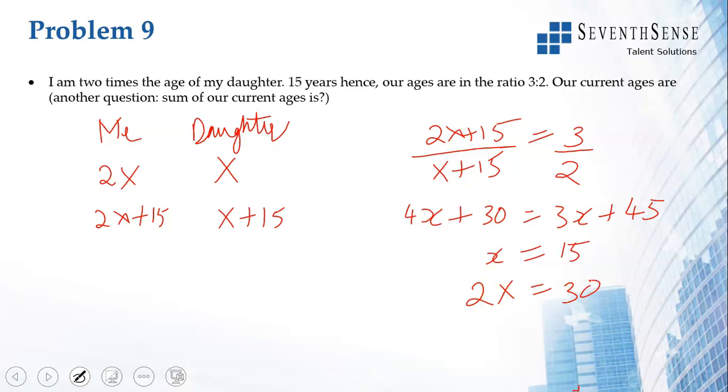Sum of the current ages. So these are our current ages. The question was sum of our current ages. You do 15 plus 30. Then the answer would have been 45. Me meaning I. So the person and the daughter are aged 30 and 15 respectively.